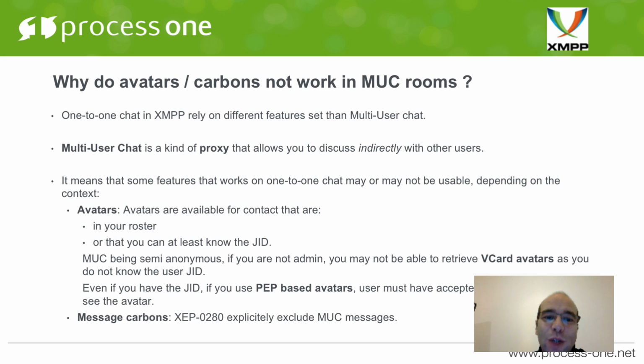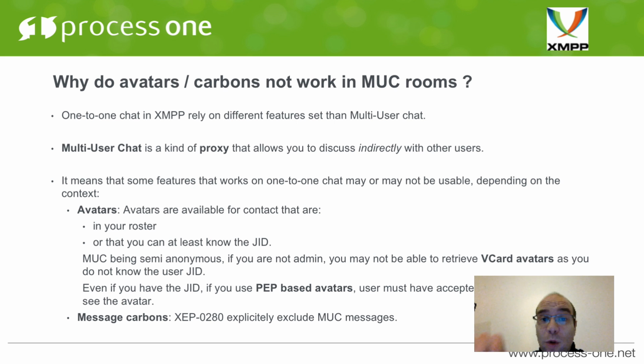And even if you can do so with new iterations that have been added to the multi-user chat specification, this is not something that you need, because if you're connected twice in the room, basically you're like a normal user, and the MUC room will broadcast your message as for any other user. You're connected twice in the room, and this is the proxy, so you see the message. All messages are broadcasted properly. So you don't need carbons in the case of MUC.